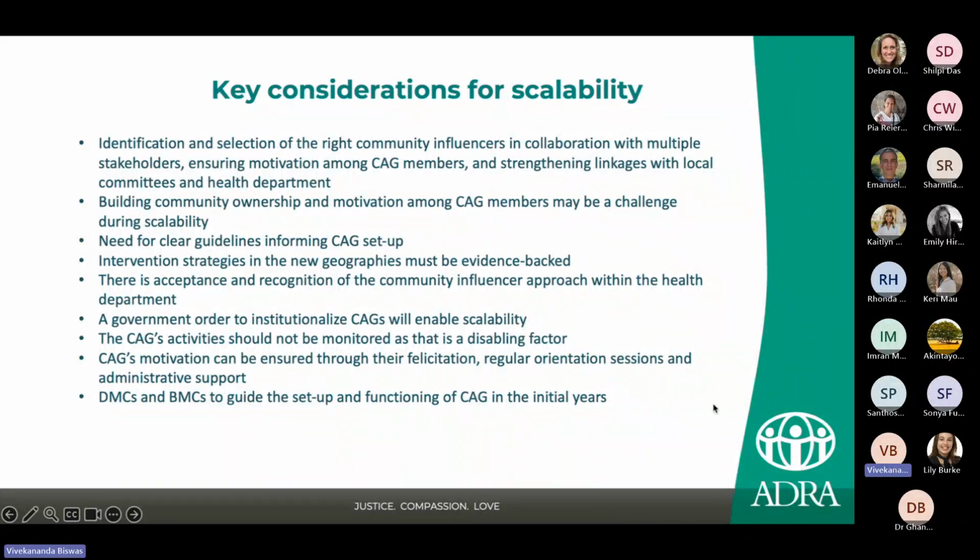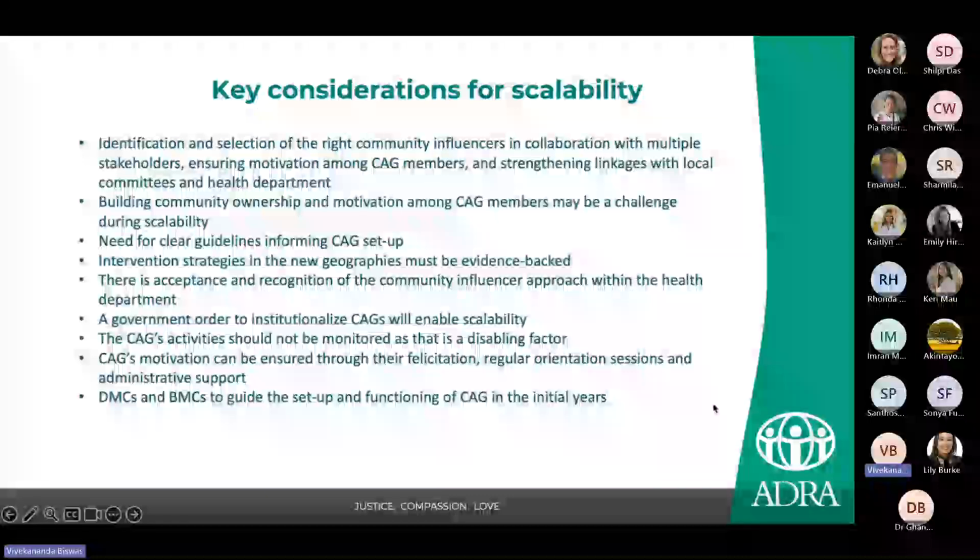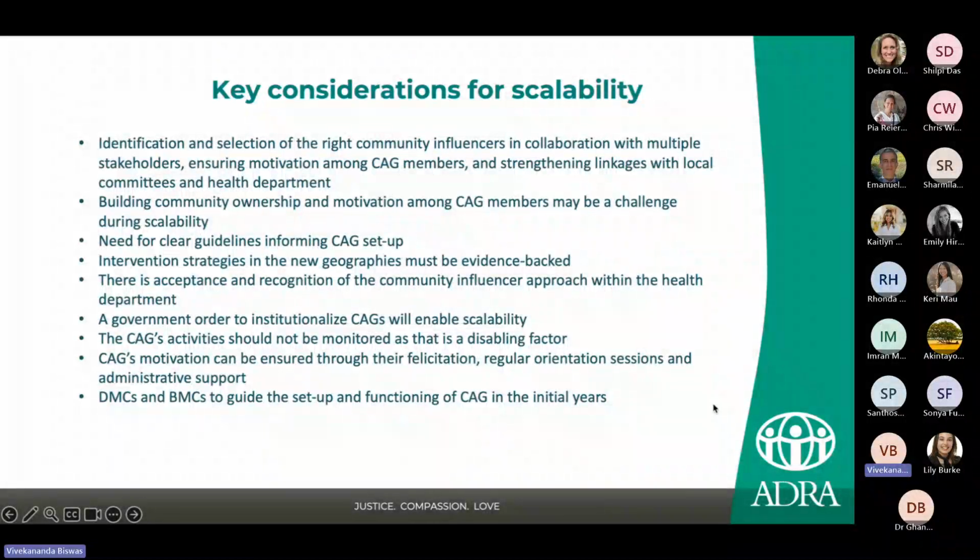The next one is building community ownership and motivation among CAG members. That may be a challenge, but once the first point, that linkage and communication between the health department and the CAG members, is there, that challenge could be overcome easily. And as I said, the detailed SOP is very much required.